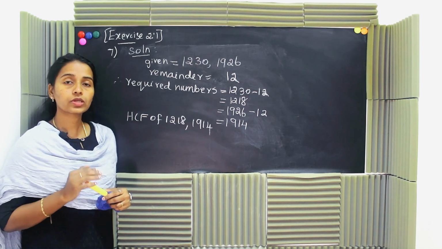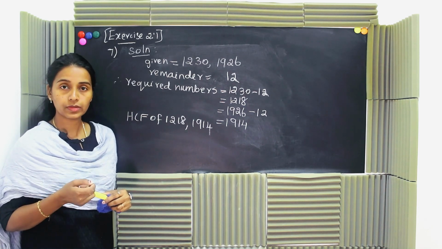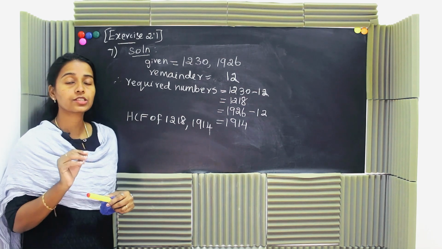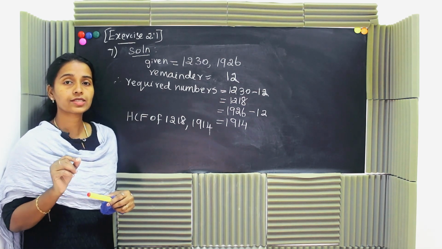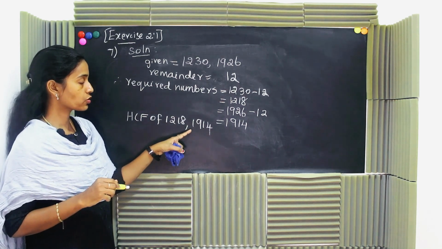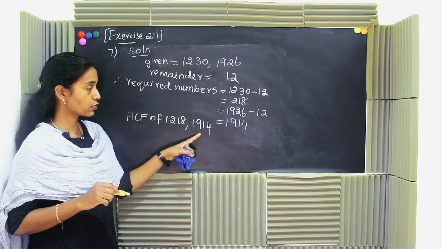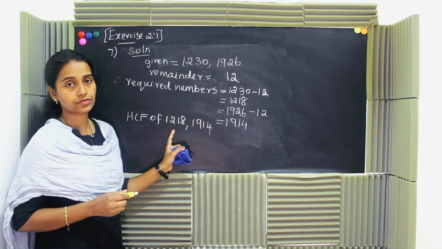So Euclid's division algorithm is a common division process. In each step, we'll be using Euclid's division lemma formula, right? So now we are going to divide 1914 by 1218. Okay.